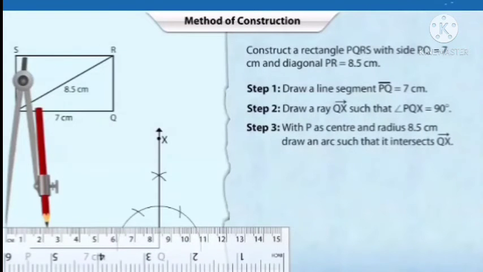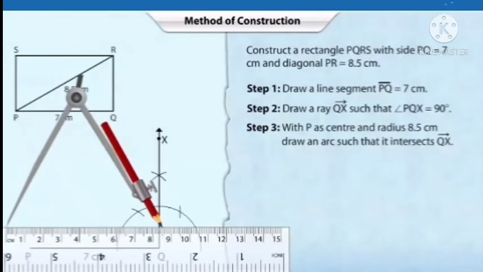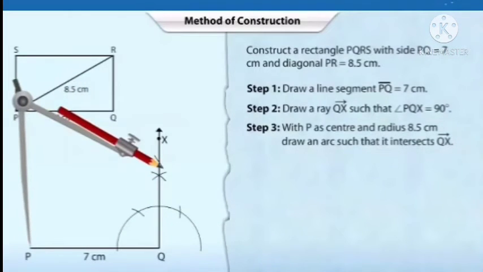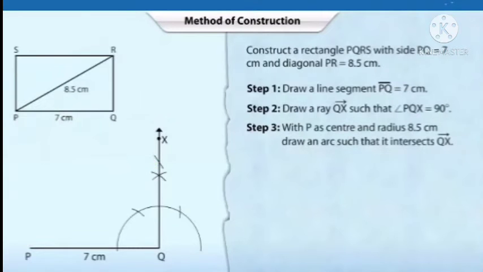Now, with P as center and radius 8.5 cm, draw an arc such that it intersects QX. This is the vertex R. Join the vertices PR.